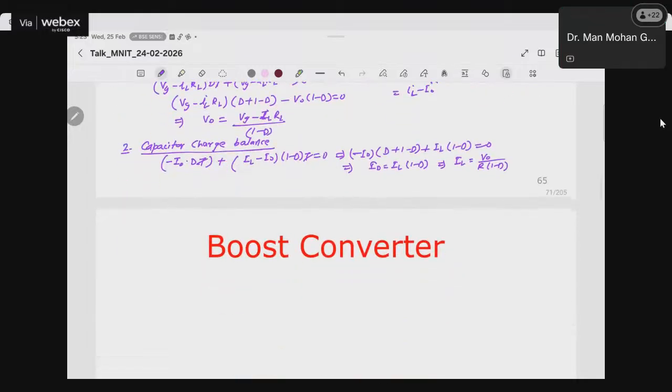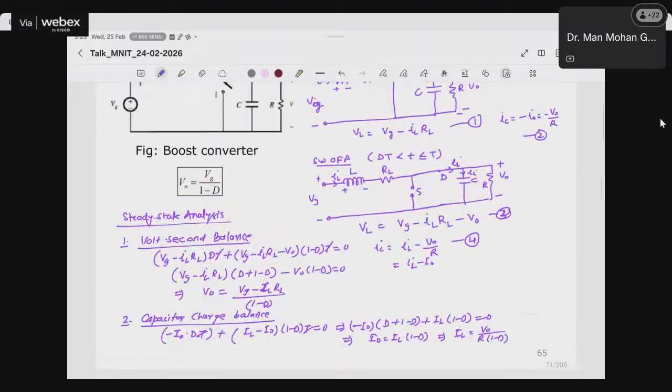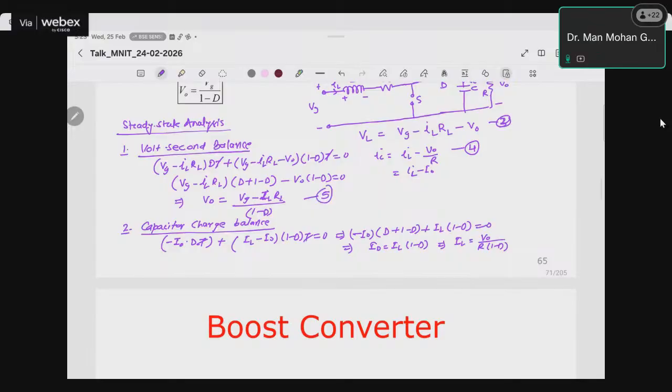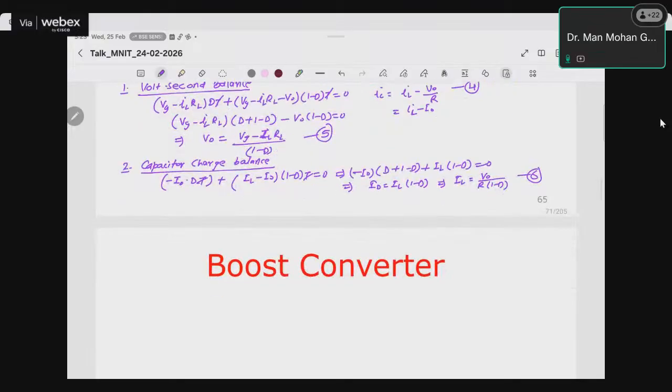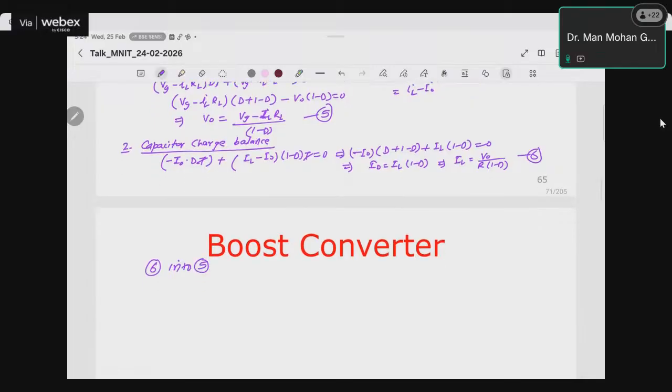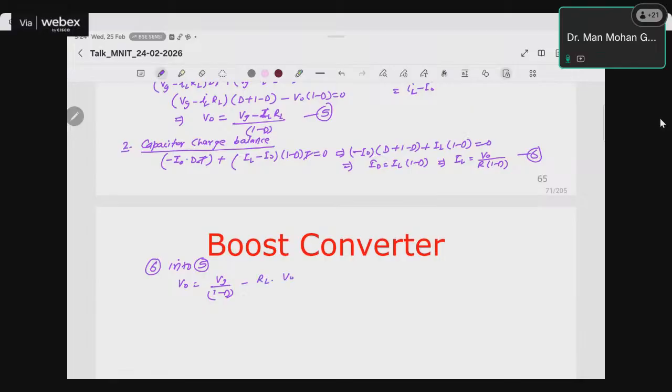Right? Now, if I put back, how many equations are there? 1, 2, 3, 4. Let's say this is 5, and this is equation 6. If I put equation 6 into 5, then I will get V node equal to Vg upon 1 minus d minus IL RL. So RL is there, IL is this one, right?